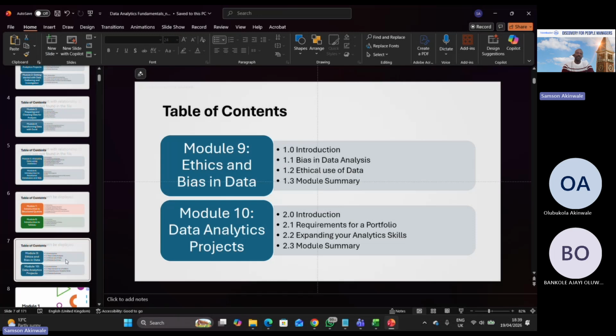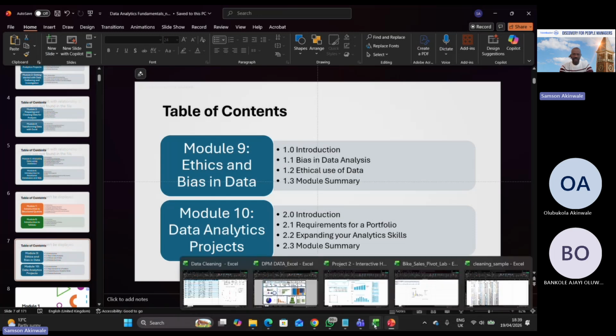And this will place more pressure on the human resource and whatever level of department which is in charge of workers. And that is why this is even more for people managing people and people getting people to follow compliance and what have you in terms of the use of data. And after which, by module 10, we'll move to data analytics projects and what have you.